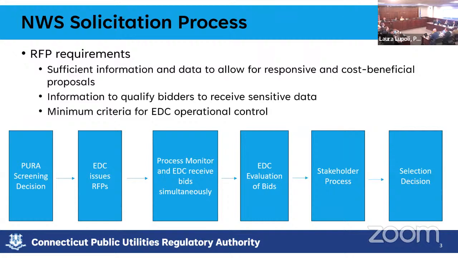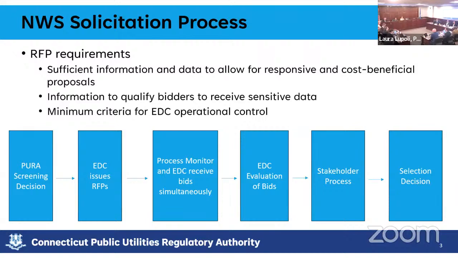The RFP selection process will ultimately be run by and at the discretion of the EDCs. Both the EDC and the PURA process monitor will receive bids simultaneously. The EDC will evaluate the bids to determine whether they satisfy some or all of the relevant grid need and report the results of the evaluation along with the EDC's recommendation to PURA in the annual NWS proceeding.